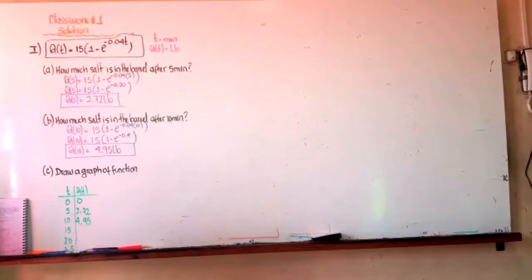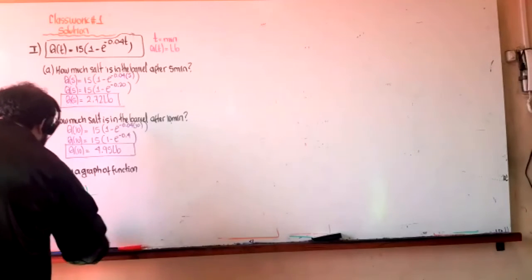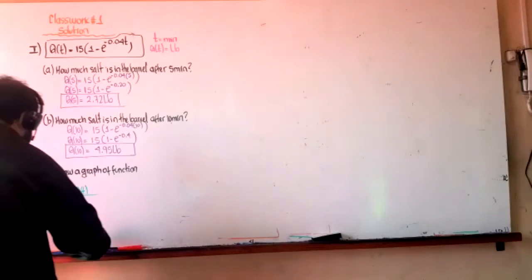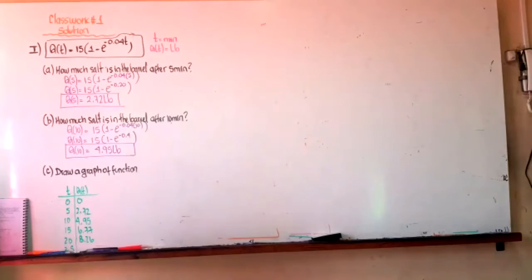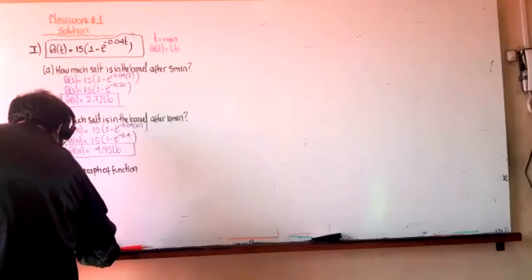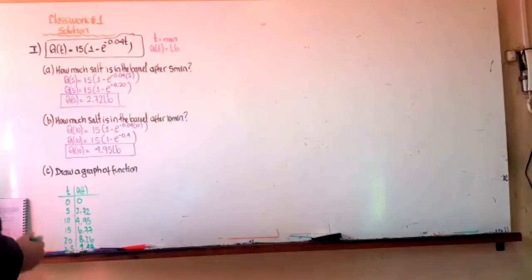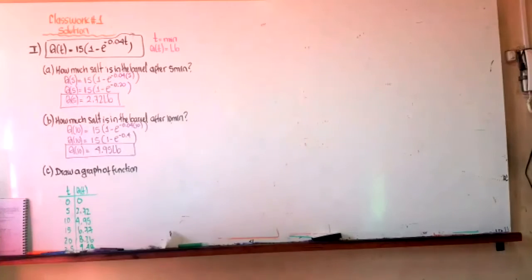When x equals 15, it will be 6.77. When x equals 20, it will be 8.26. And finally, with 25, it will be 9.48. So let's draw the graph of the function. No big deal, nothing complicated.